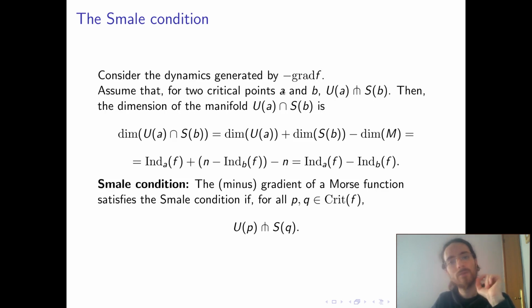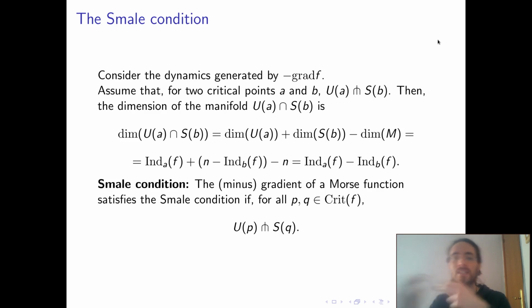Assume that for two critical points, A and B, the unstable manifold of A, so the directions in which the flow descends from A, and the stable manifold of B, so the ascending directions in a way, you want to impose transversality in that intersection.